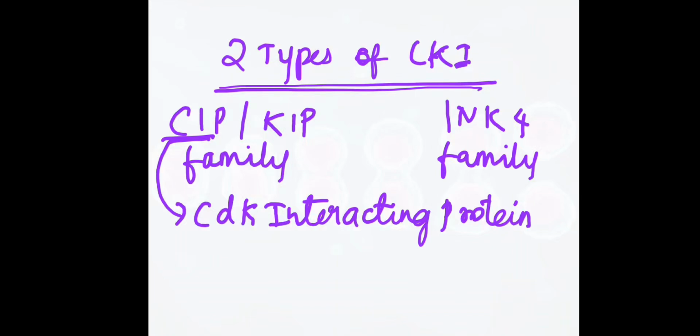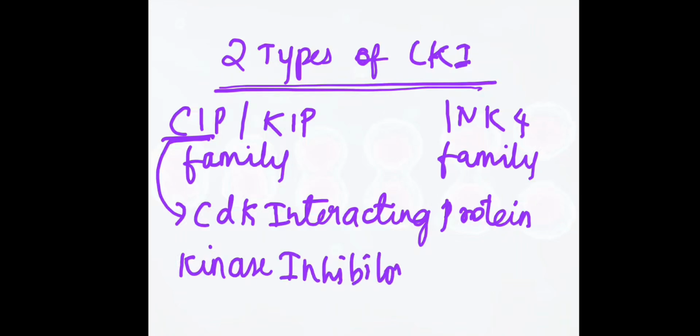The full form of KIP is kinase inhibitory protein. The name itself tells everything. CIP, CDK interacting protein, that interacts with CDK, and KIP, that is kinase inhibitory protein, this protein inhibits what? The kinase.